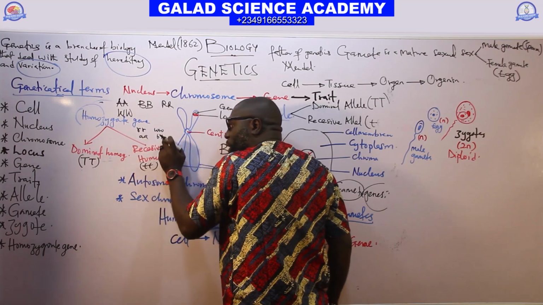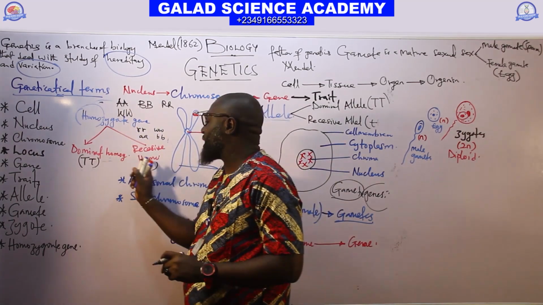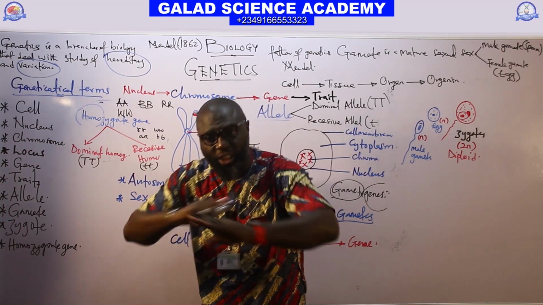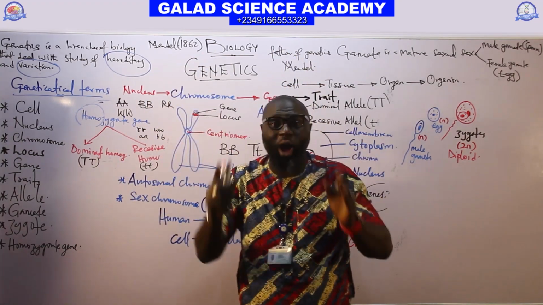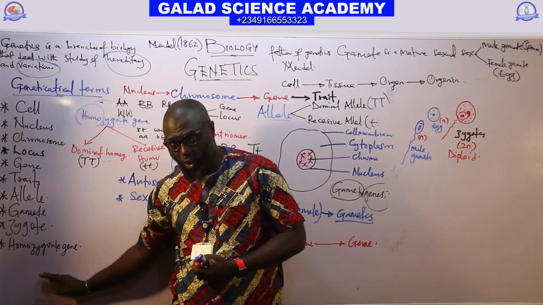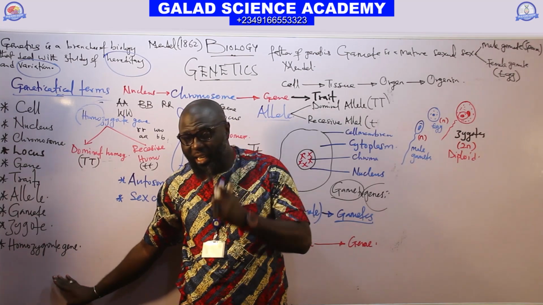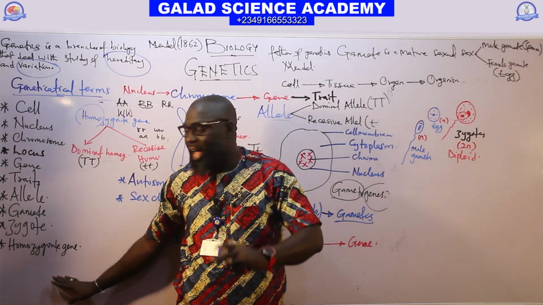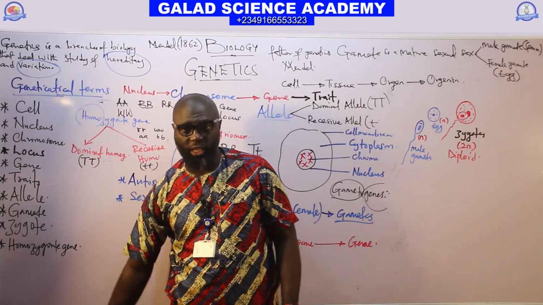If you use small b, small a, all of these are called recessive homozygous. The homo means the two letters must be the same, either in capital letter or in small letter. That's the meaning of homozygous gene or organism. So an organism that has two similar genes for a character is called a homozygous organism.